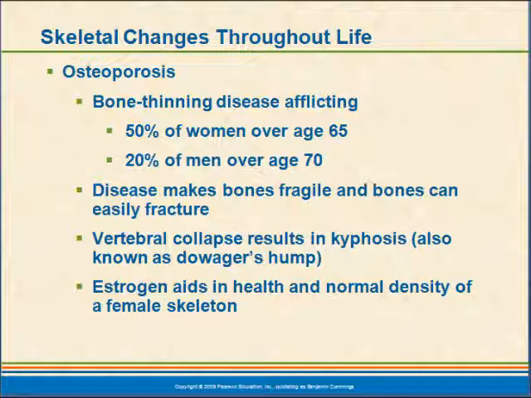Now, it also happens in men, about 20% of the men over the age of 70, because testosterone levels drop as well. But we don't have the precipitous drop-off that women do. Women have menopause between 40 and 50 years old.